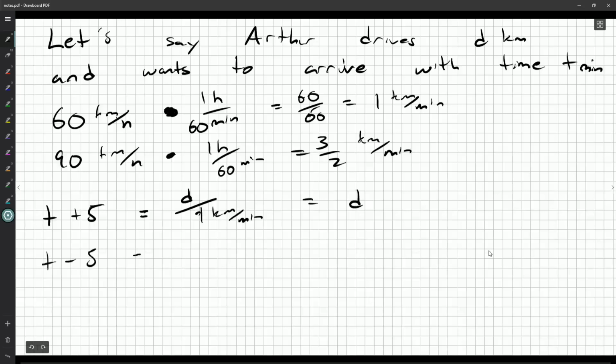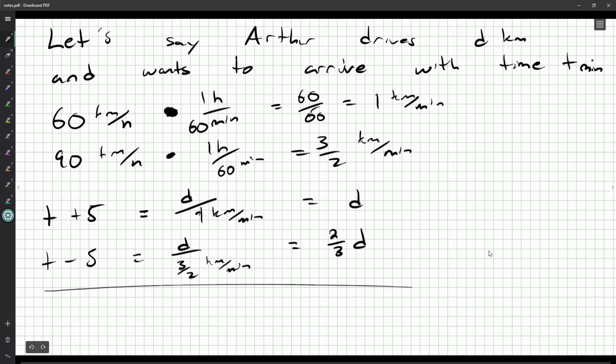We know t minus 5 is d over 3/2 of a kilometer per minute. So that's 2/3 d. And I suppose we could subtract these and figure out d by itself and then figure out t. Or I suppose we could add them and get 2t is equal to 5/3 d.